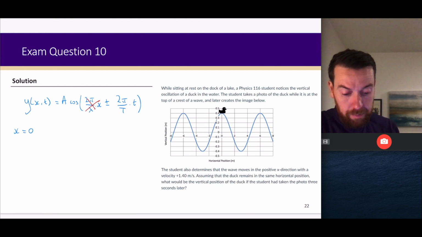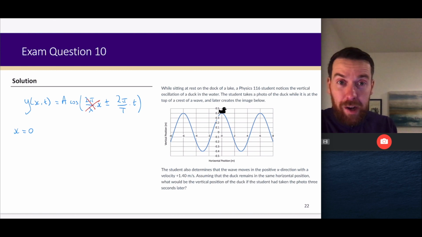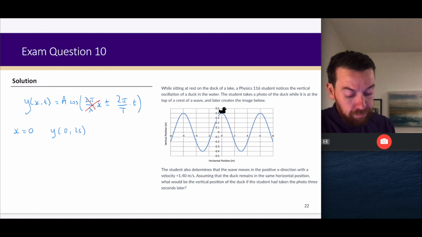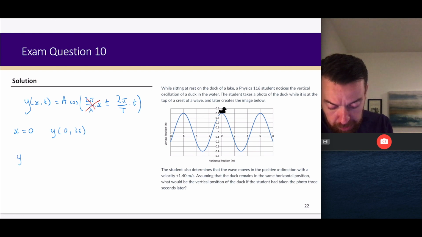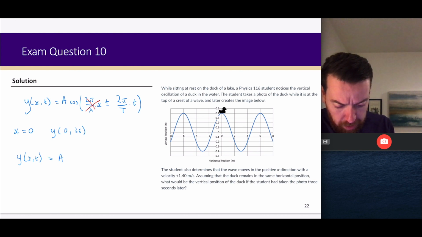So we're looking at what is the value of y at a position of 0 at time 3 seconds. I'm going to write this more generally, because there were two versions. So we can do a cosine of negative 2 pi.